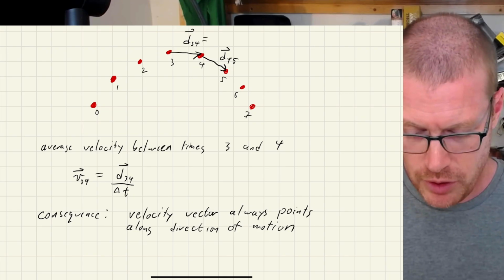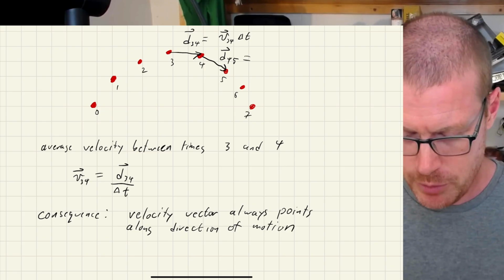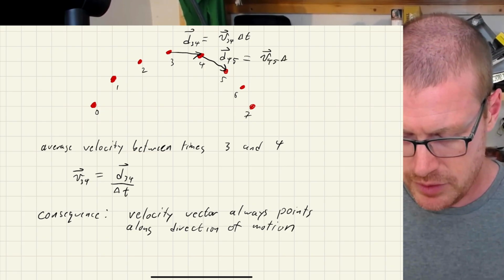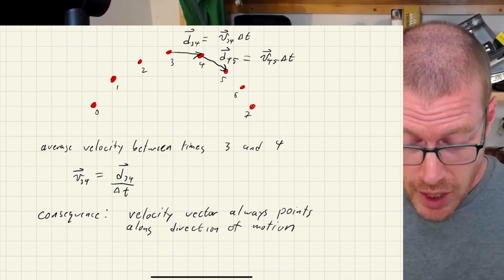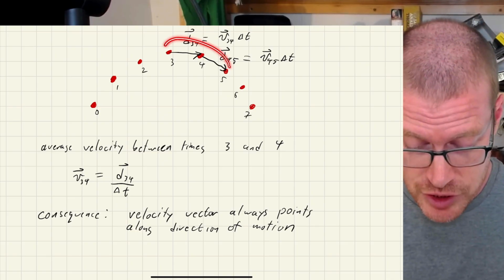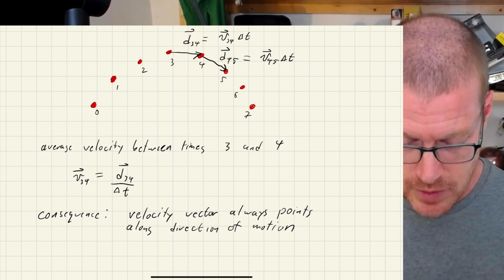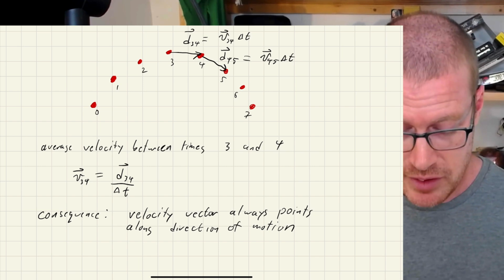This top one we said is v3, 4 times delta t. And this bottom one is v4, 5 delta t. And I get the velocities by dividing by delta t. Well, I can find the average acceleration during this time interval by subtracting those velocities and dividing by delta t.